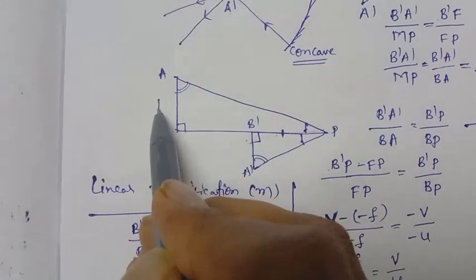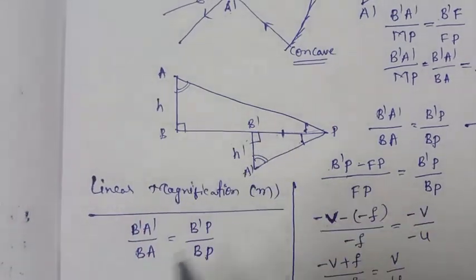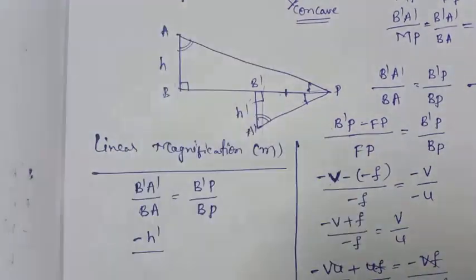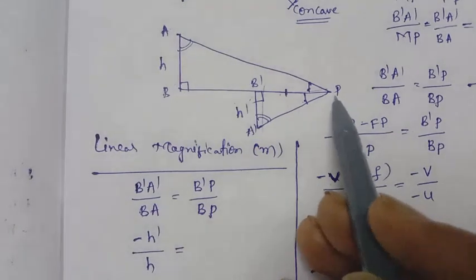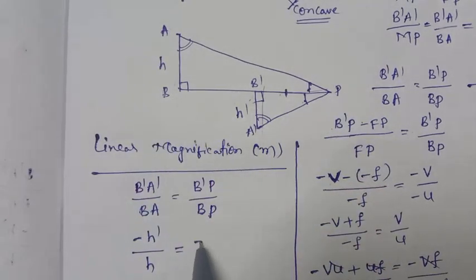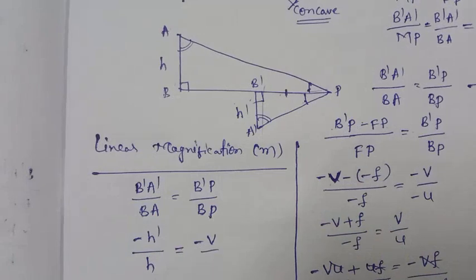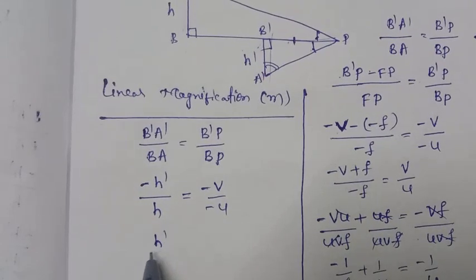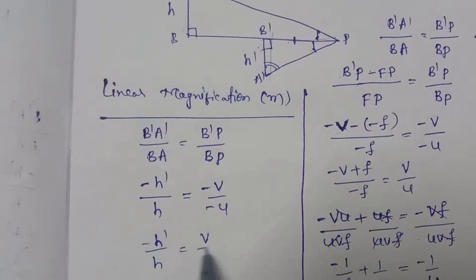But it is in downward direction, that means negative. So minus h dash by h, so b to a is in the positive upward direction, that's why it is plus h, is equal to b dash p, again it is the left side, that's why minus v image distance, and b to p is the object distance. So minus h dash by h is equal to v by u.